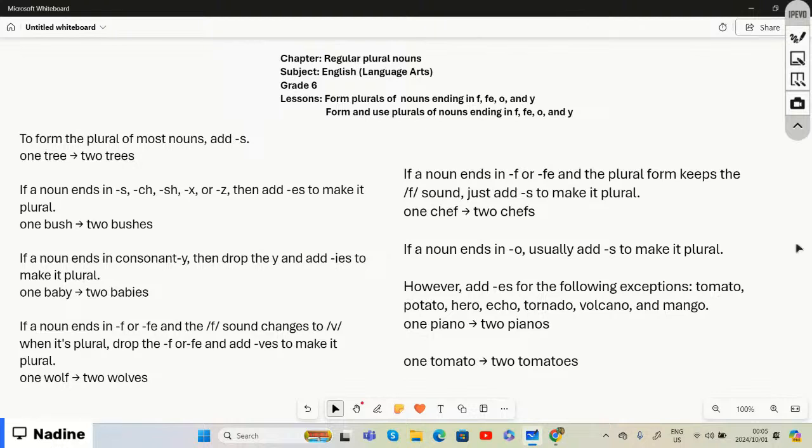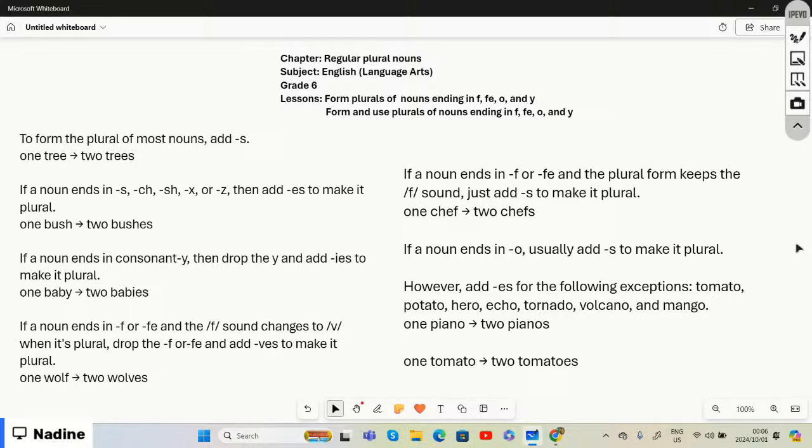All right. So when it comes to regular plural nouns, if we look at the word plural, plural means anything that is two or more. So anything that is two or more is plural. Firstly, if we break down that word regular, we break down plural and we break down noun.